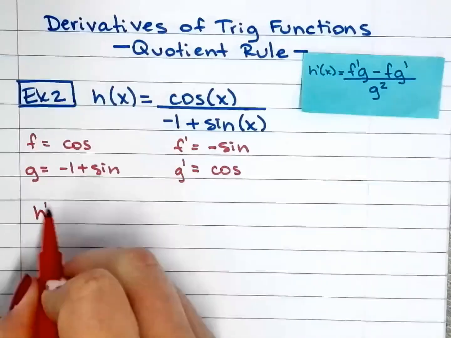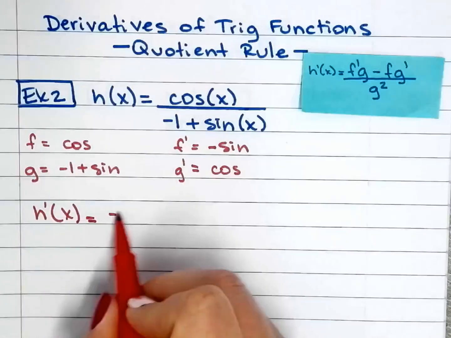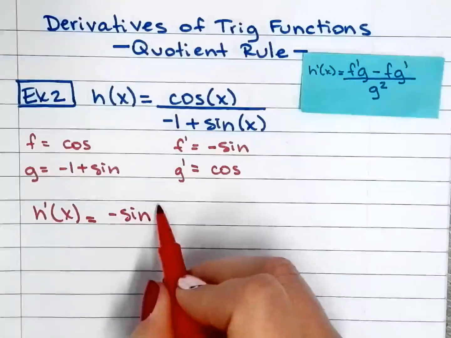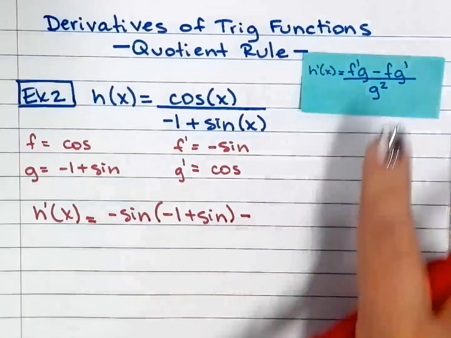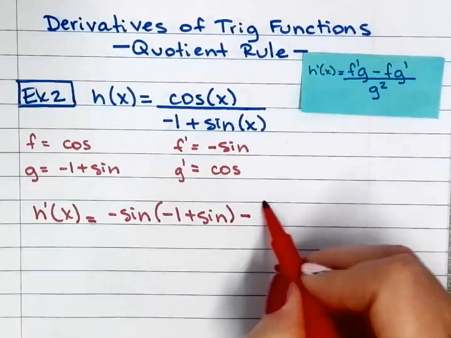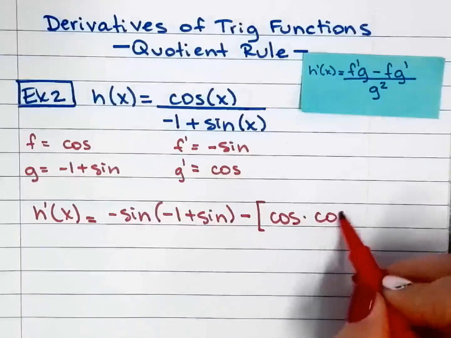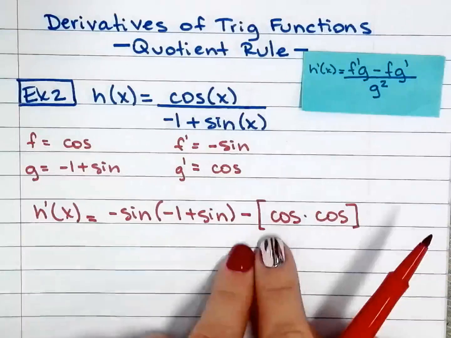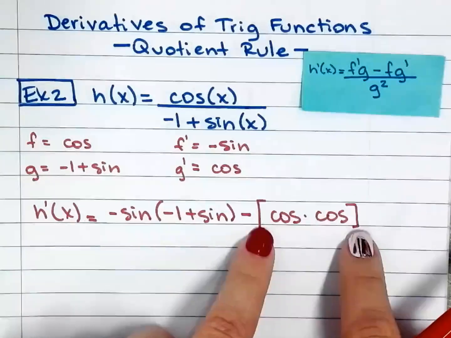Off we go. So h prime x, f prime, negative sine, g is right there, minus f is cosine, g prime, cosine. Notice my negative right there with the brackets right there.